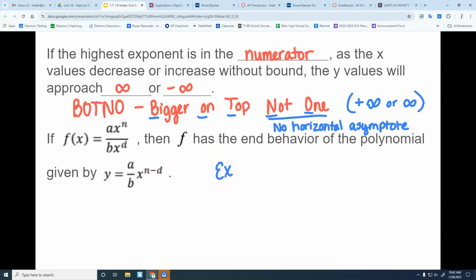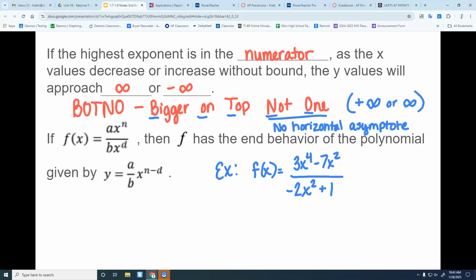So for example, let's say we were doing the end behavior of f of x equals 3x to the 4th minus 7x squared over negative 2x squared plus 1. When you're doing end behavior, you're looking way out at the ends of the graph, right?